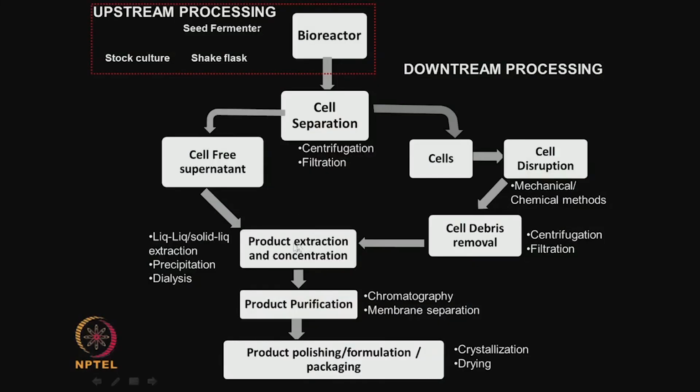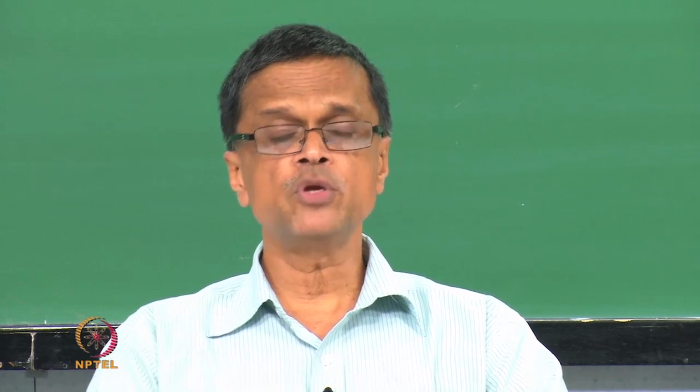So, once you have taken the product, you have to concentrate the product, then you have to purify the product. This is called product extraction and concentration, or enrichment. Here you may use different types of downstream such as liquid extraction, precipitation, dialysis, different types of membrane processes and so on, and finally you go into product purification.